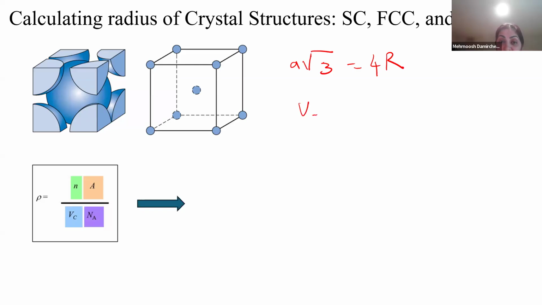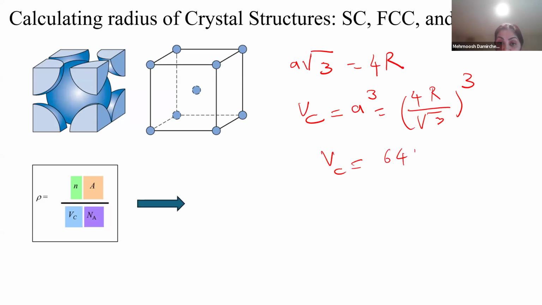So VC is A cube, or 4R per root 3 cubed. It should be 64 R cube over 3 root 3. Okay? And substitute here.